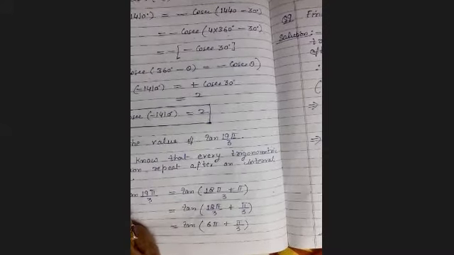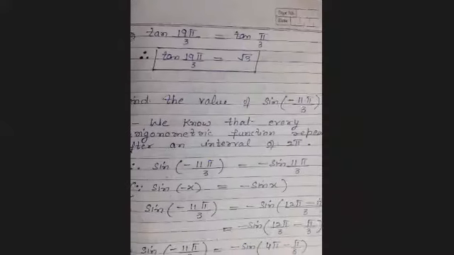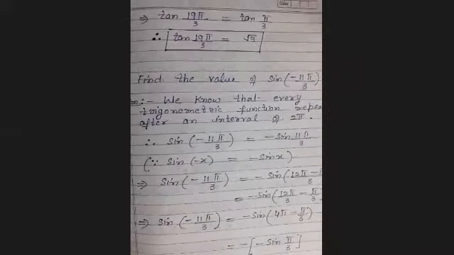That's why we have taken 18 here. 18 pi upon 3 is 6 pi, plus pi by 3. Then we follow the rule tan of 2n pi plus theta is tan theta, and therefore we get tan pi by 3, which is root 3. Therefore, tan 19 pi by 3 is root 3.